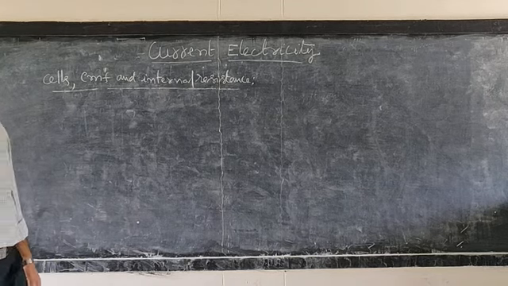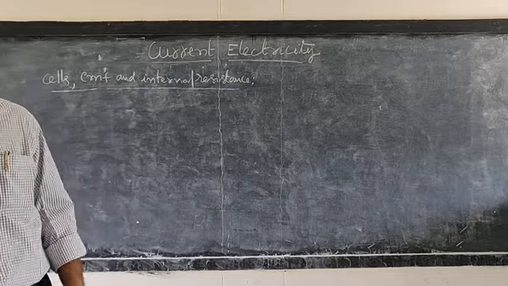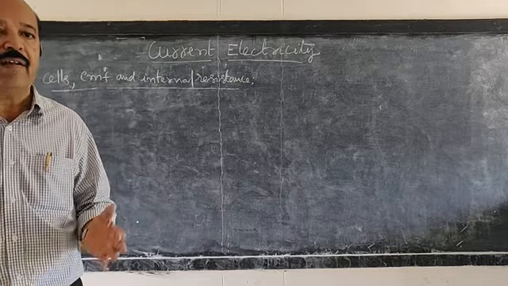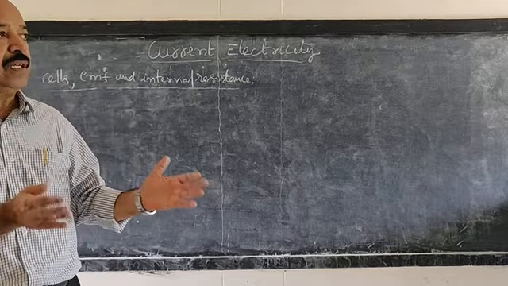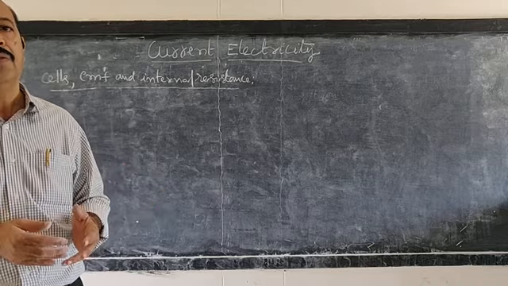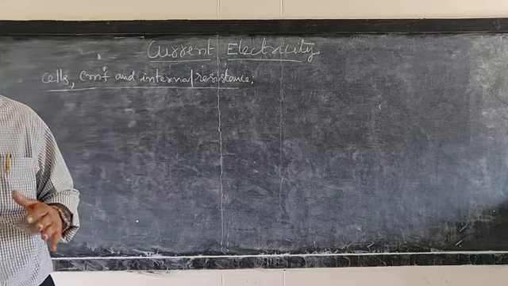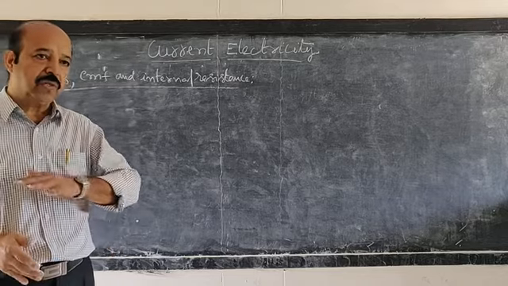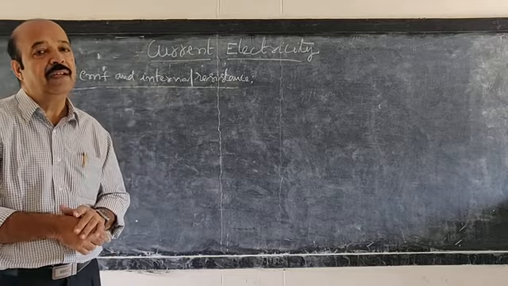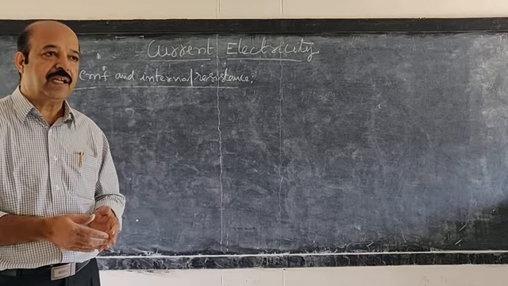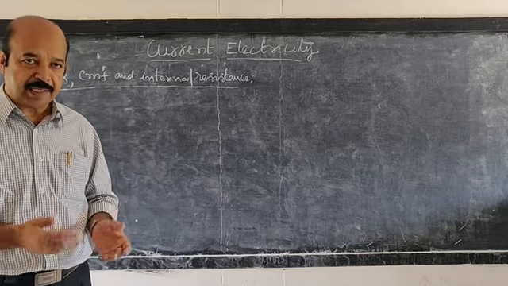A cell is a device or a mechanism which supplies a constant potential or constant energy to the charge carriers to pass through a conductor. So it applies a constant electric field so that a steady current flows through the conductor. Such an external arrangement is called a cell.